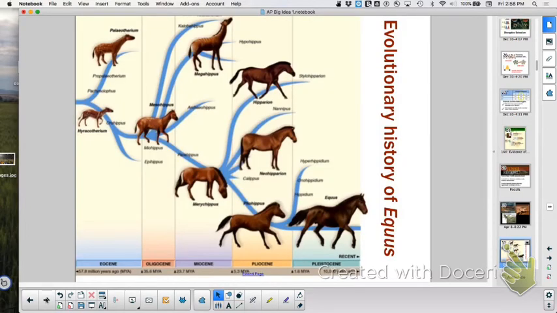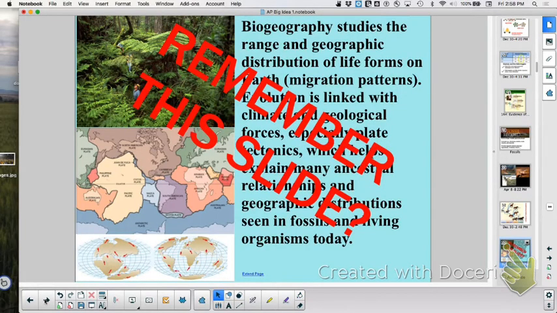What kind of selection does this look like to you? Directional selection, right? As their environment changed, from a forested, more watered area near the equator to a drier area and into a grassland area, it was better to be larger and bigger so you could run away faster and be above the grasses. So that would be a good example of directional selection.